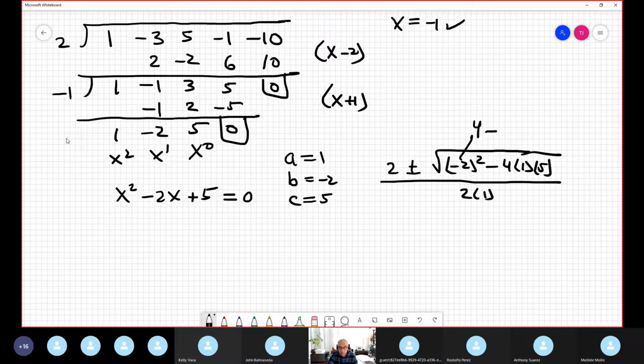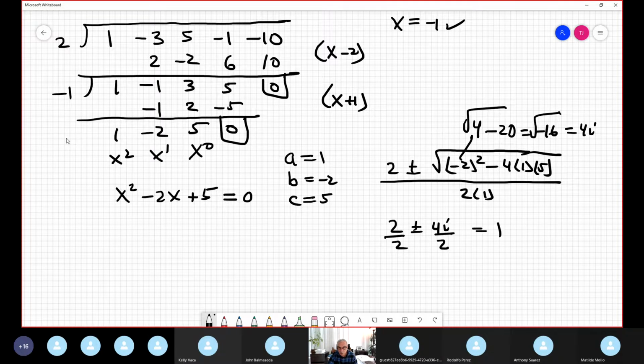This is 4 minus 20, which is -16, and the square root of -16 is 4i. It's 2 plus or minus 4i divided by 2, which is 1 plus or minus 2i.